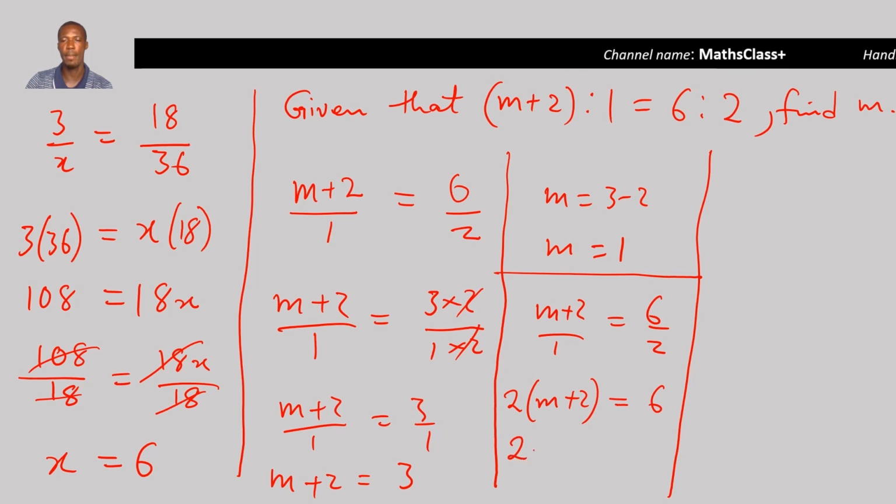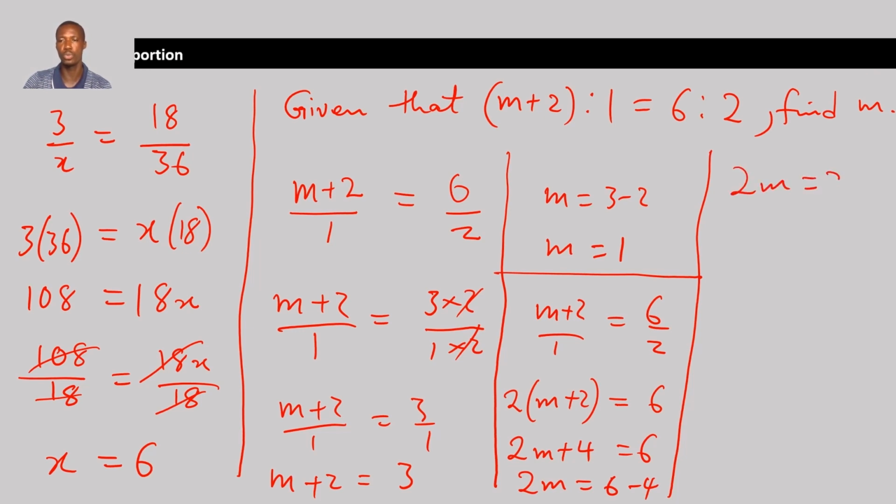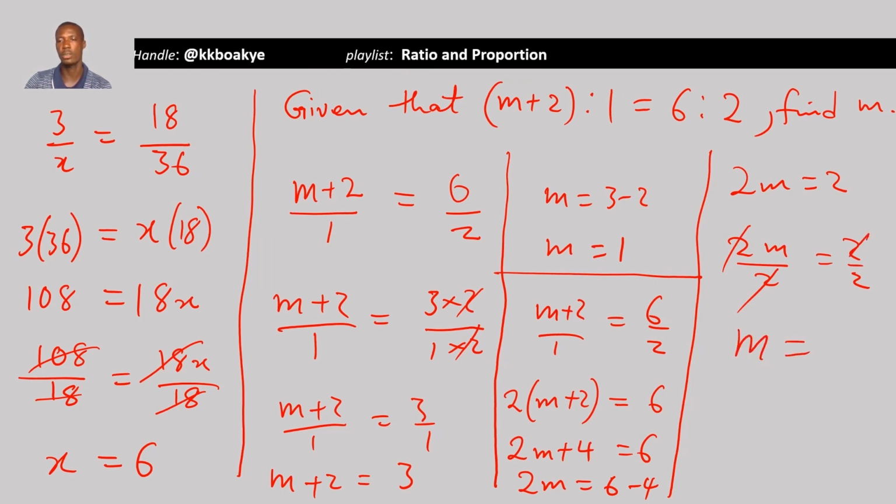So we have 2m plus 4 is equal to 6. This 2m now becomes 6 minus 4. So 2m is equal to 2. So 2m over 2 is equal to 2 over 2. 2 cancels out 2. m is equal to 1.